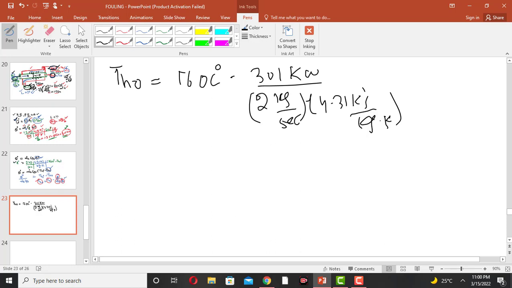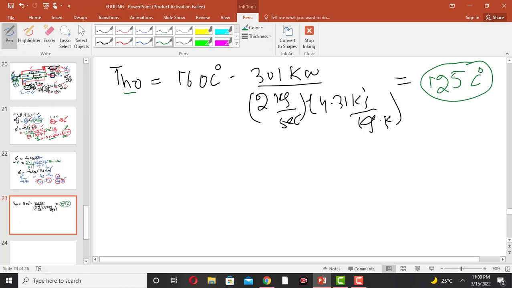So this is the MCP. Now we can further simplify it. After simplification, the hot fluid outlet temperature will be 125 degrees centigrade.